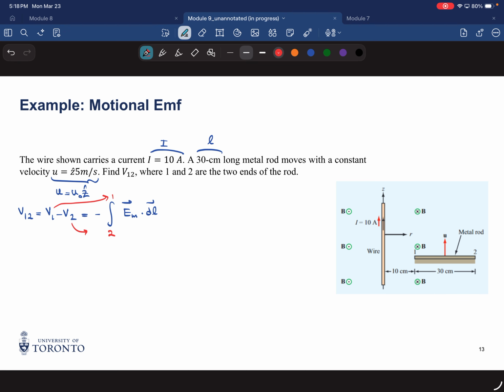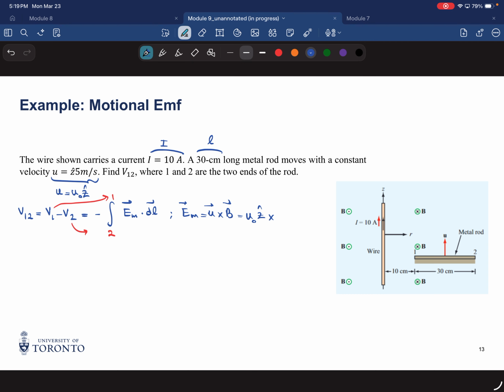The voltage that is getting subtracted is going to be the lower bound. Now, let's find EM, which was u cross B. u is u naught z hat cross B is B naught. Oh, what is B? We don't know B yet, right? We have to calculate it.